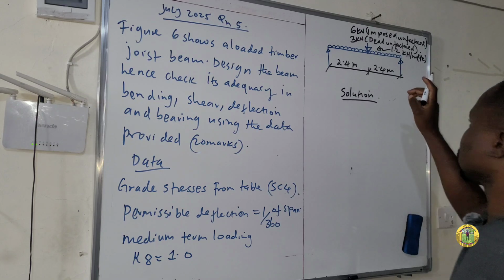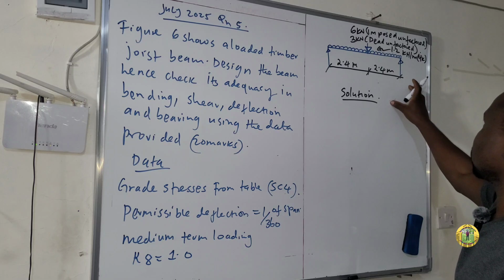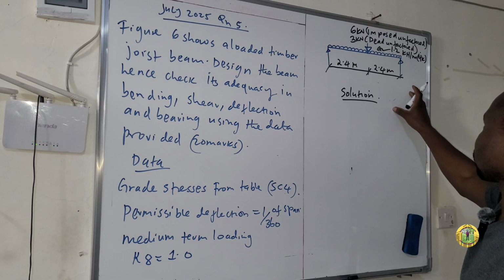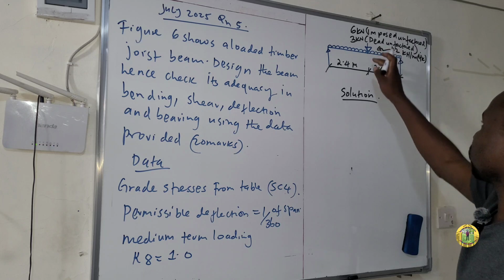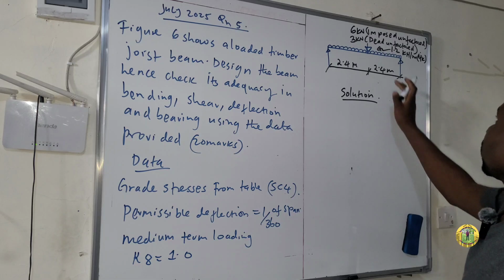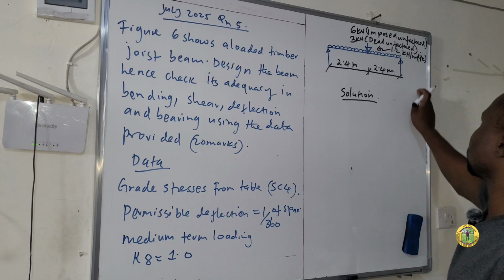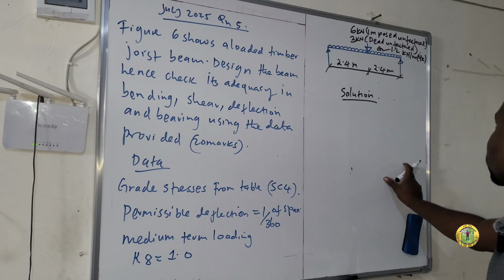So the first thing to note on this question, we have been provided a beam which has several loadings. First we have a point load of 6 kilonewton, and this is imposed, which is unfactored, and then 3 kilonewton, a dead load, which is also unfactored, and then 1.2 kilonewton per meter, which is imposed load.